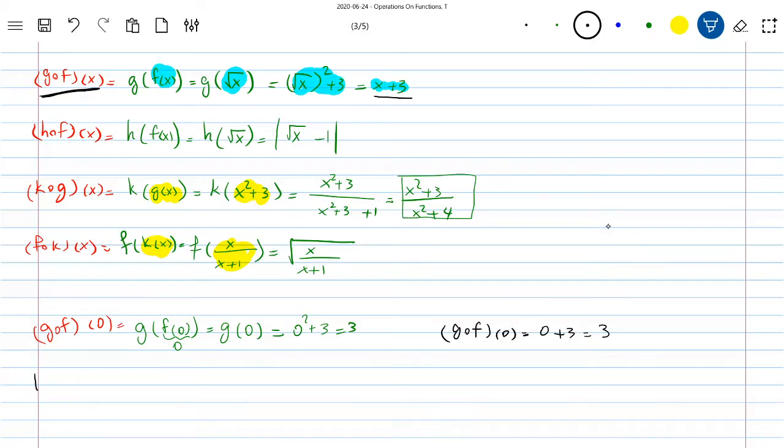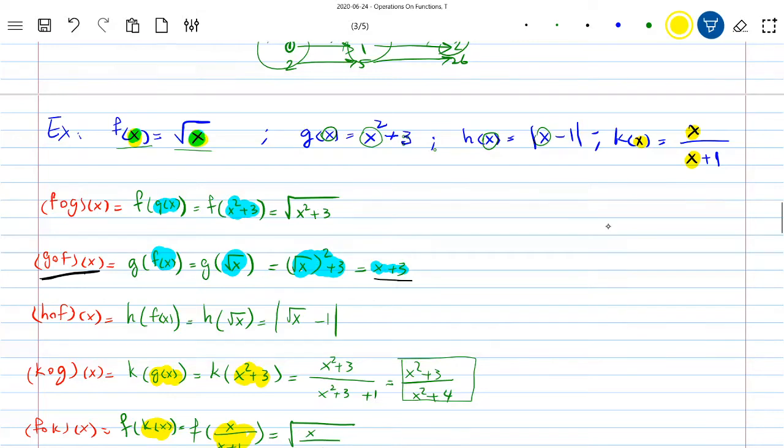So if they ask you, for example, to find what is h of f of 4, you can go through the process. You can say, okay, I'm going to calculate f of 4, then replace it into the h. So h of f of 4. Figure out what f of 4 is first.